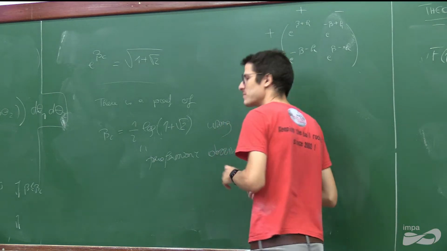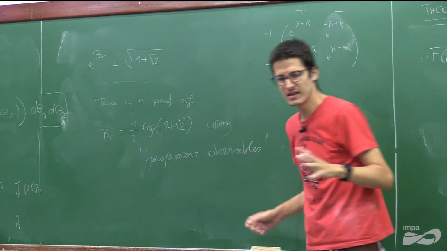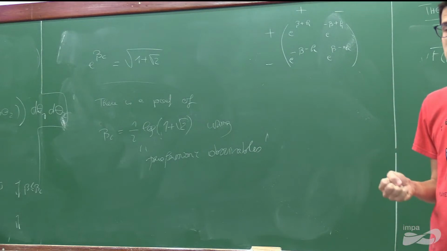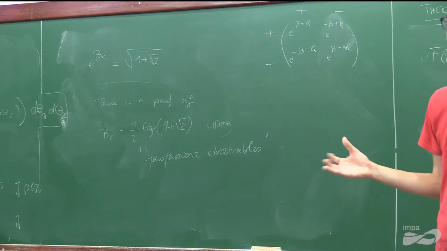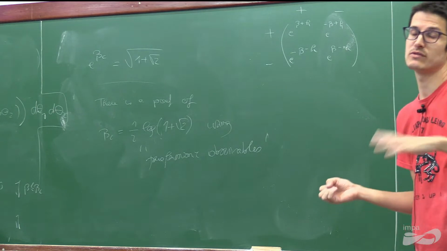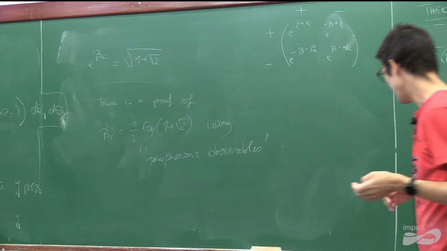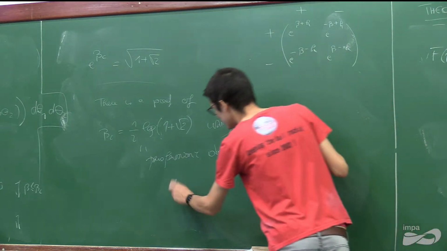Okay, so what do I mean by parafermionic observables? Basically, you cook up a quantity that is defined on the lattice that is discrete analytic. You integrate it on a contour, and you try to get something out of it.